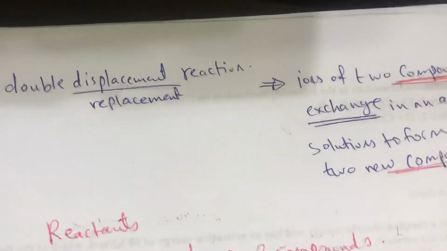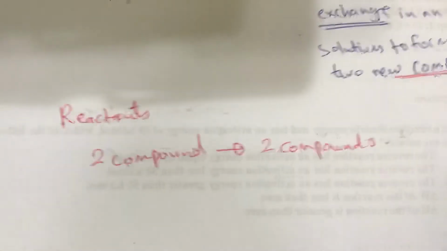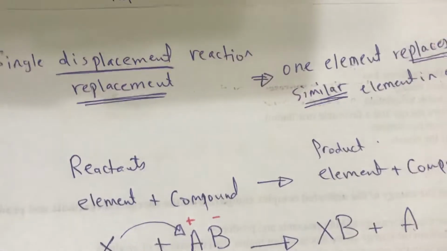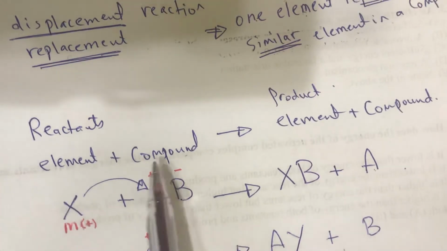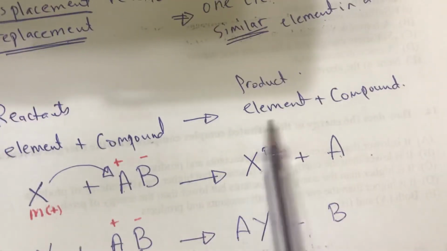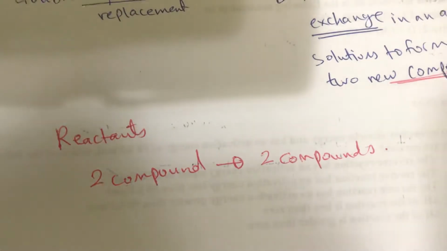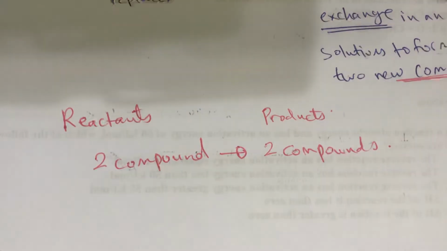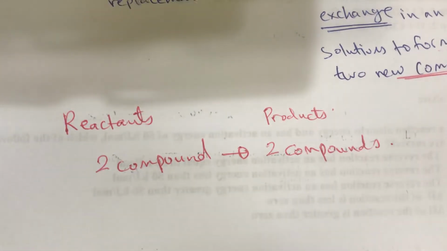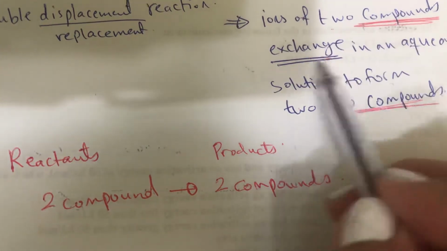What is the difference between a single displacement reaction and a double displacement reaction? In a single displacement reaction, the reactants are an element plus a compound, and the products are an element and a compound. Here, the reactants and the products are two compounds. So, in this reaction, ions of two compounds exchange.